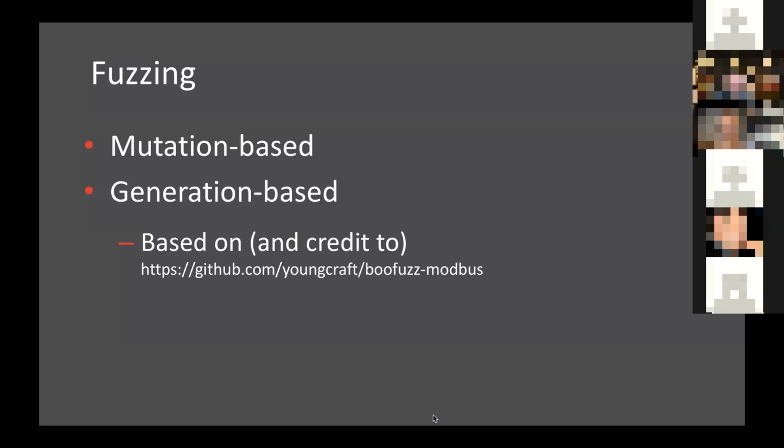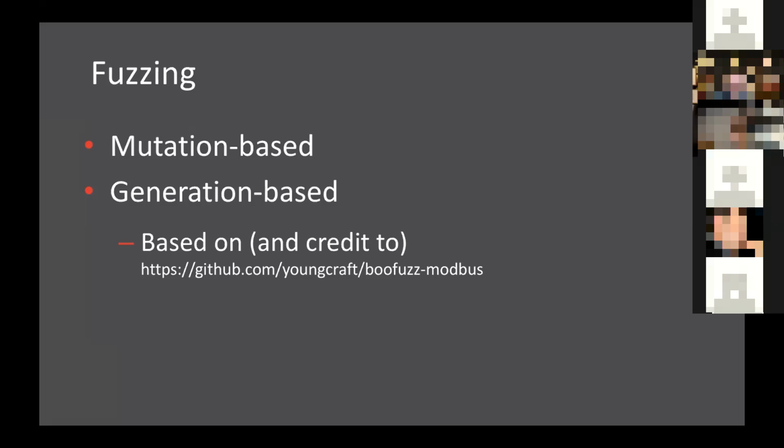For fuzzing, there are 2 general types. There's mutation-based fuzzing, where you take a file or a packet that you captured, and then you alter that packet or file while opening the application or sending it to the service, and you see if you can get any crashes or anomalous activity.